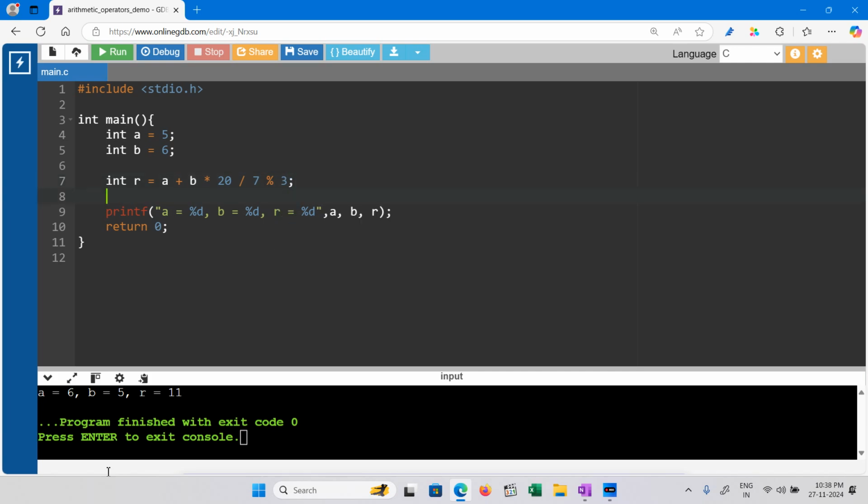There will be no change to a and b because this time we have not done any pre or post increment, so the other two values remain unchanged. This time we'll evaluate first and then we'll compile the code. So let us evaluate based on the information that we have right now. This is the expression.